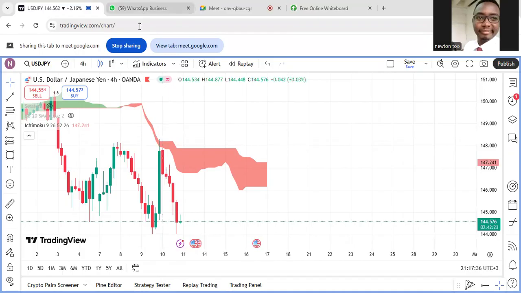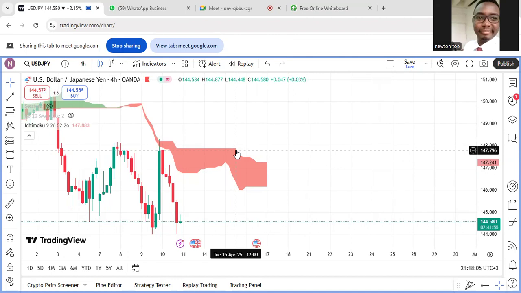So for example, this one, the market of USD JPY. When the market was going up, someone was waiting for the wick or the candle to touch the cloud. So when the market came up here and touched the cloud, then you can go to a lower time frame, so long as it has touched the cloud.